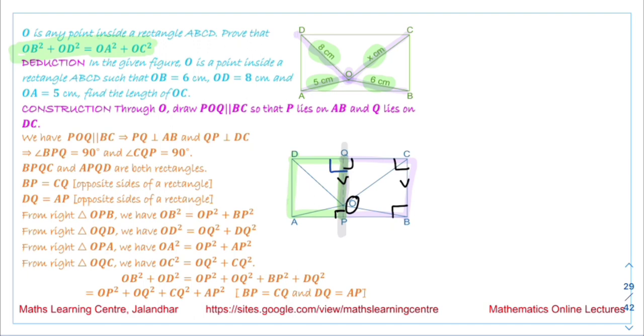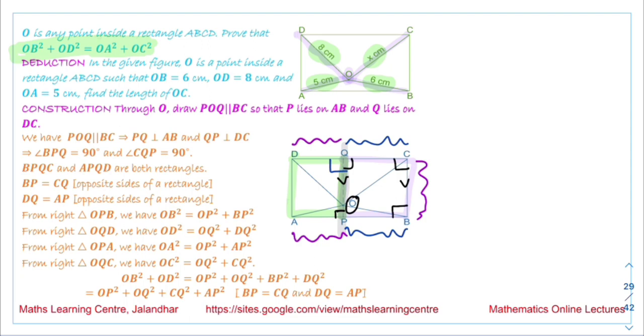So from this what we get is that the opposite sides are equal to each other, that is this length BP and this length QC are equal to each other, and this length AP and this length DQ are equal to each other. Then all these lengths BC, QP and DA are also equal to each other.